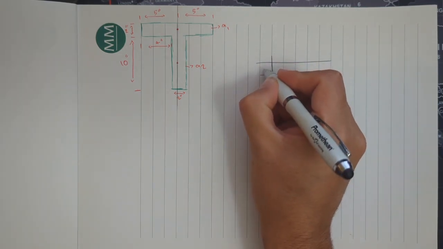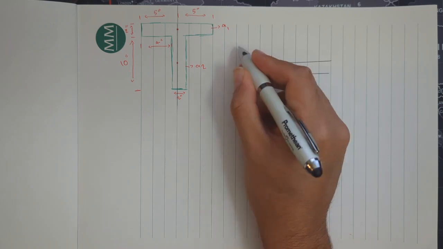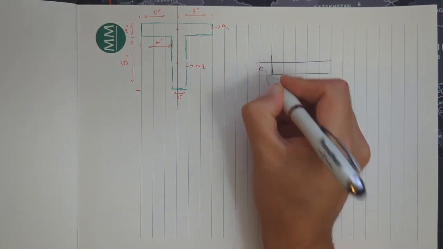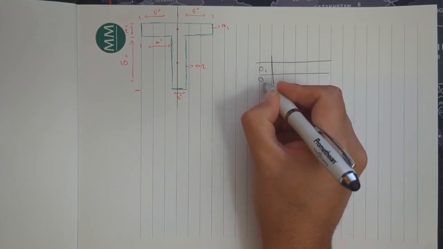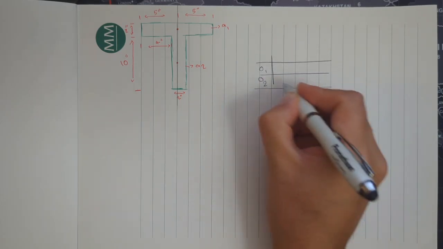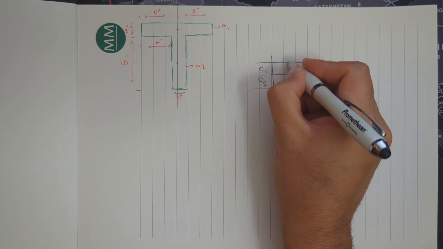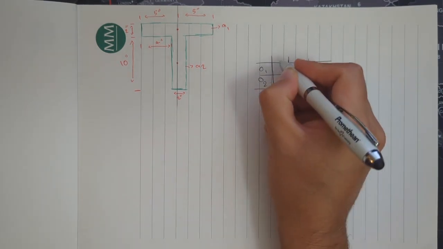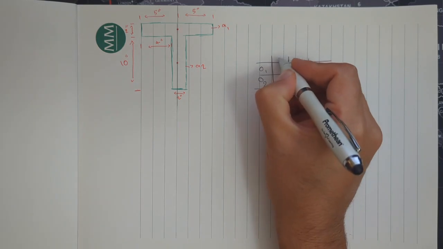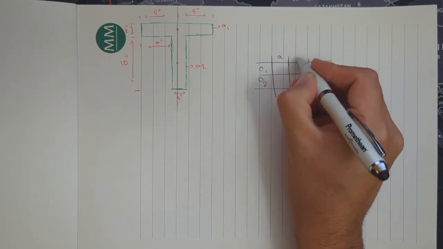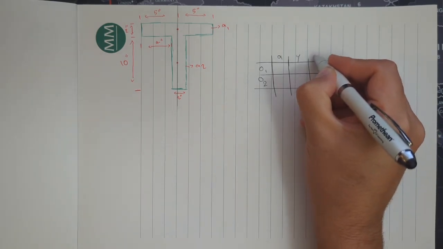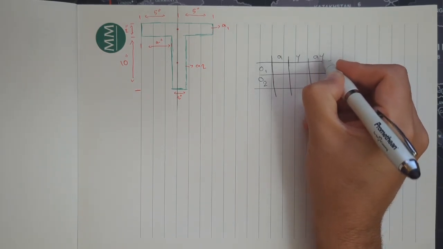I have object 1, I can call it A1, or object 1. Let's call it object 1. Object 2. And what else do I have? I have the area for object 1, y for object 1, and Ay.